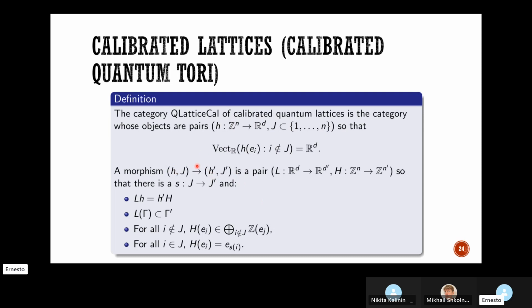So well, now a morphism is a pair of L: R^D to R^D' linear, and H: Z^n to Z^n' linear, and then of course this is an arithmetic object.